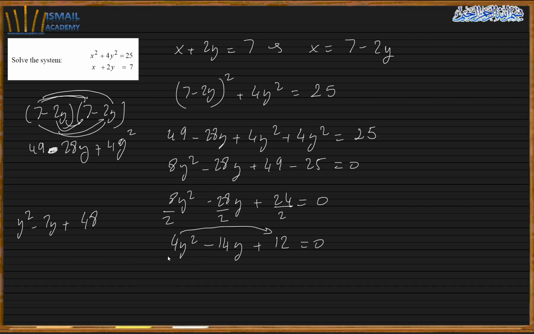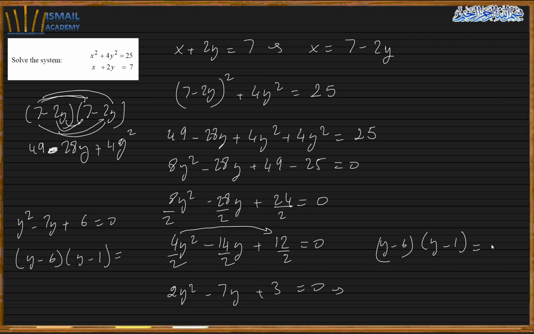Alright, so if I divide by 2 here, I get 2y squared minus 7y plus 3 equals 0. So here, if I use the AC method, I will end up having 6. So this means this is y minus 6 times y minus 1, because I multiply this by 3 to get the 6 here.